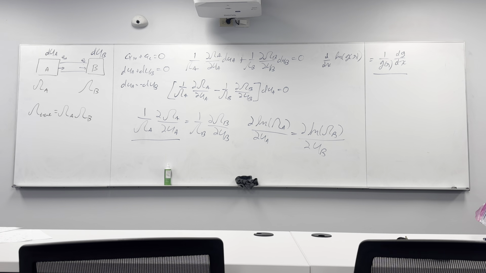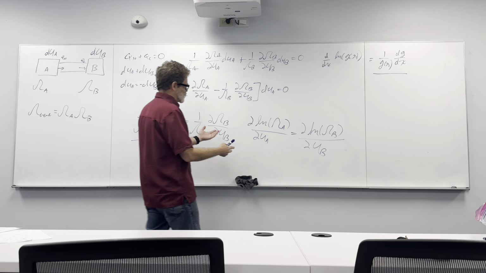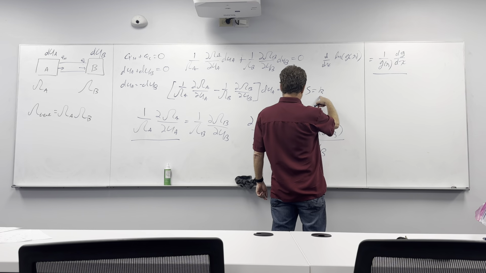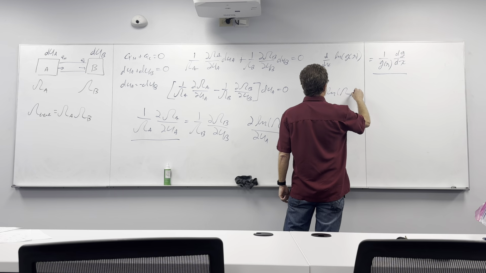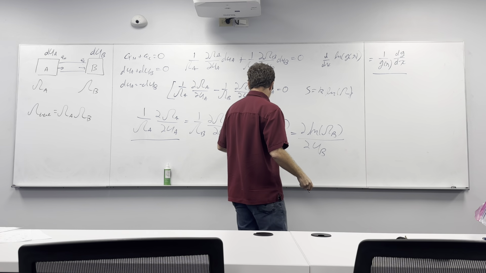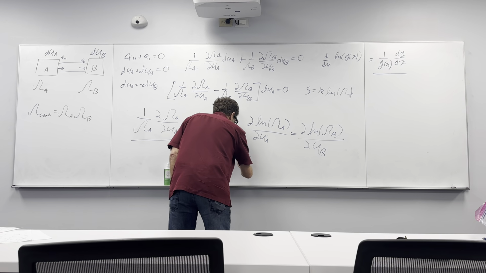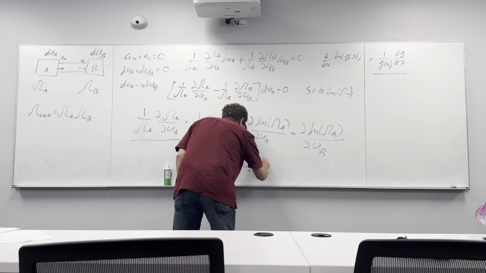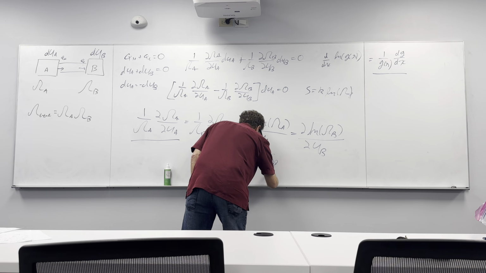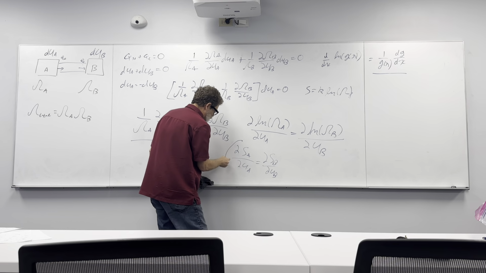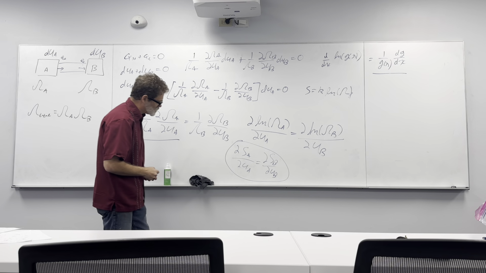What was that? Say it out loud, Mary. Entropy. So if we define entropy as the Boltzmann constant times the natural log of the multiplicity, I could write this in terms of entropy. That tells me the partial of the entropy A with respect to energy A equals the partial of entropy B with respect to energy B.